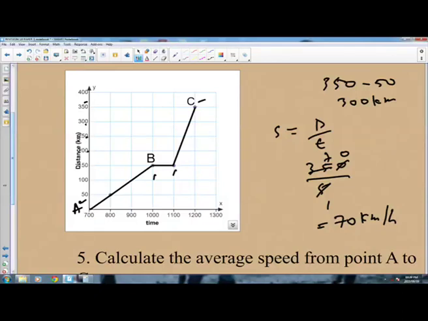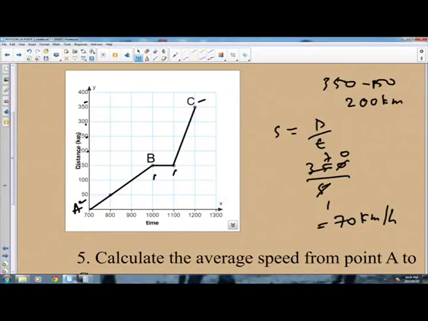This will be 350 minus 150, not 50, but 150. What is 350 minus 150? This is 200, not 300, but 200. So this will be 200 kilometers.